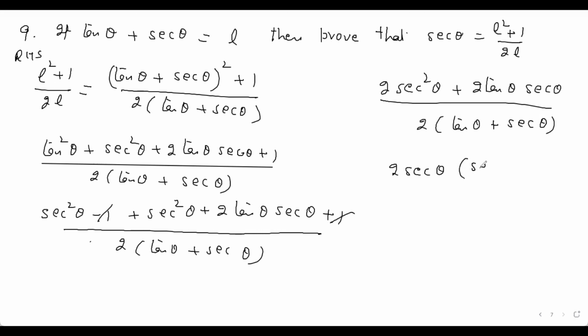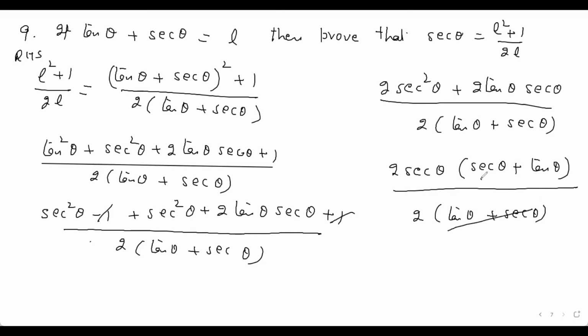I'll have sec theta plus tan theta in the bracket. And now I have 2 tan theta plus sec theta. This is one and the same thing, and this bracket is cancelled. 2 and 2 is cancelled. I'll have sec theta. This is how we are going to prove this.